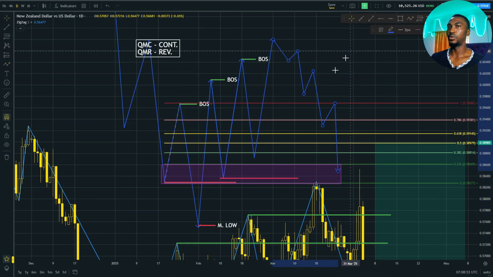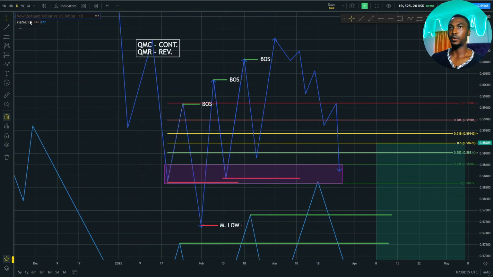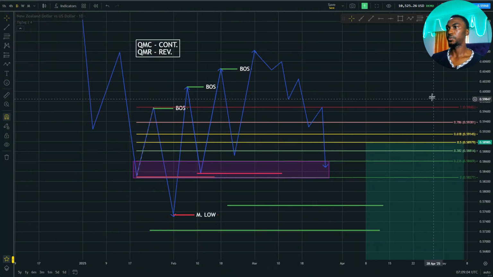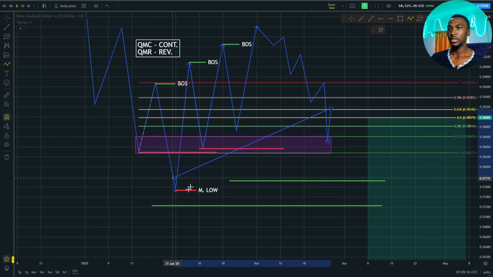I think I have to hide all of this so we can see what we're saying. So he expects that price is going to come into this low, probably make its way down here, you know, into this low. It might not touch it, but it might make its way here.